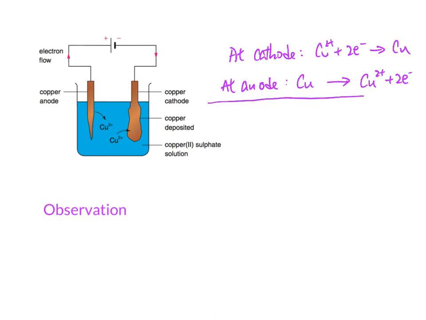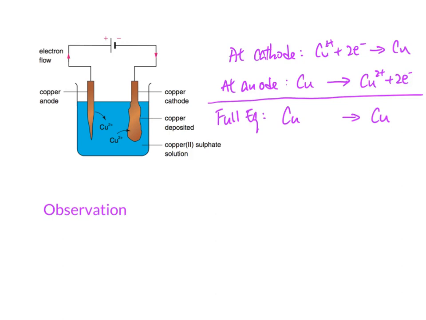If we try to write them together as a full equation, you'll find one funny thing: all the particles in it, Cu2+, Cu, electrons, will cross out everything. So how am I going to write it? We'll write it like this: Cu becomes Cu, because it is not really having any reaction.